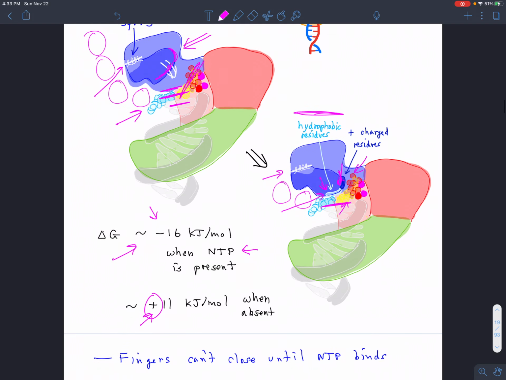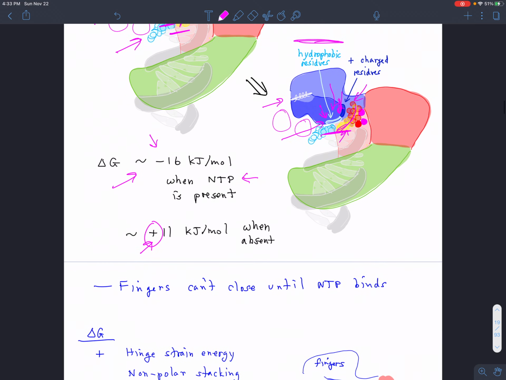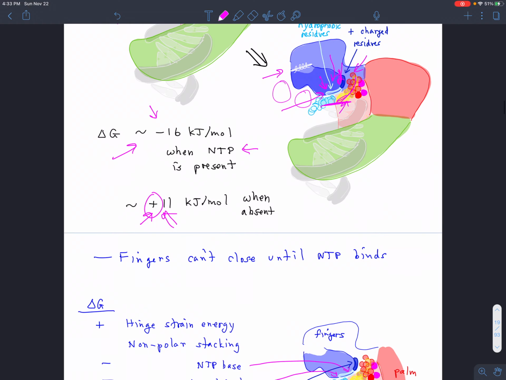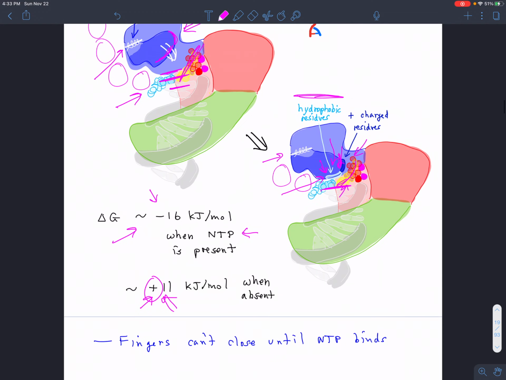In other words, this whole process is only favorable because the fingers can stick to this NTP, and it wouldn't happen at all, or at least it could only happen against thermodynamics, very rare, very tough, if that NTP were absent. Also, let's suppose the NTP were present, but it's the wrong NTP, not the one that matches the template over here.